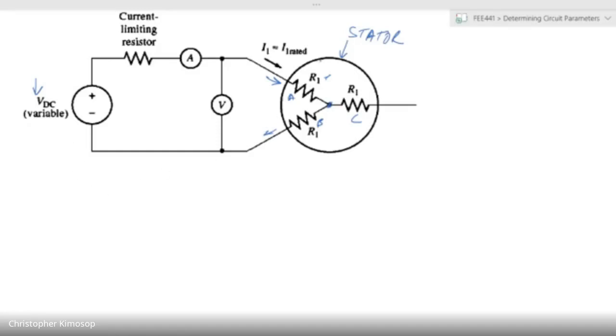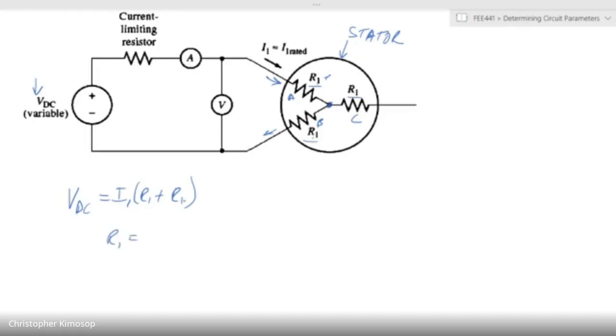So we assume that these resistances are all equivalent. In this circuit, the voltage VDC is equal to the current flowing through it, let's call it I1, times R1 plus R1, because these are identical to each other. Now, what are we looking for? We are looking for R1.